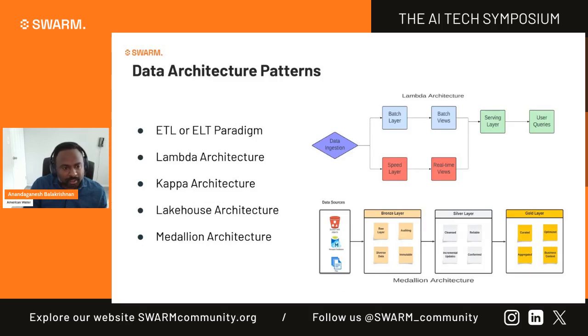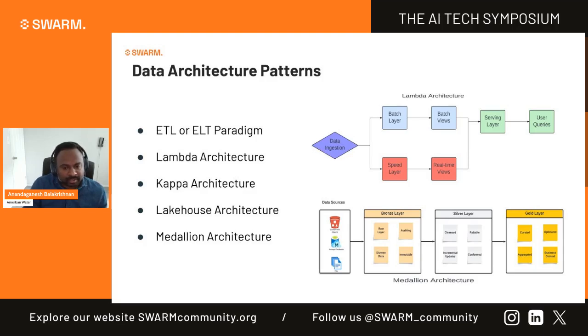So some of the key architecture patterns used across the enterprise are the ELT or ETL pattern, where the transformation happens, right? The Lambda architecture, which has both a batch component and a real-time component, as I mentioned in this picture. The Kappa architecture has just the real-time component, and the Lakehouse architecture is a combination of data warehouse and ACID properties.